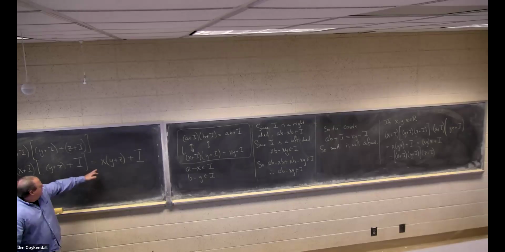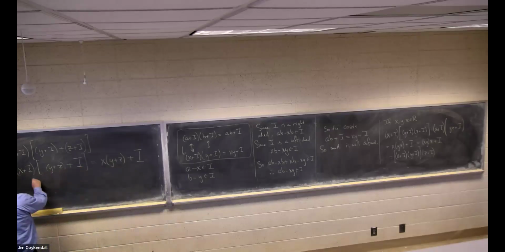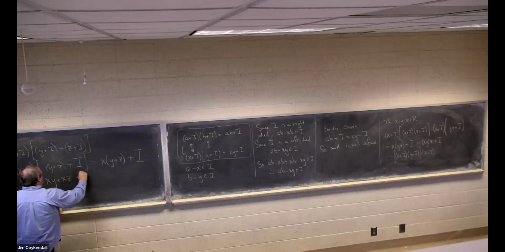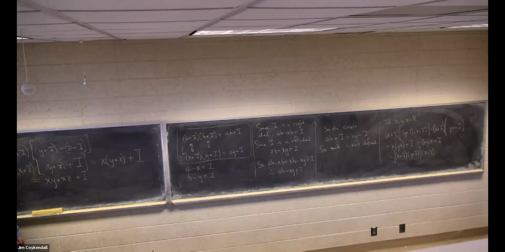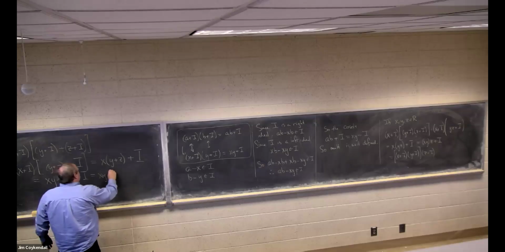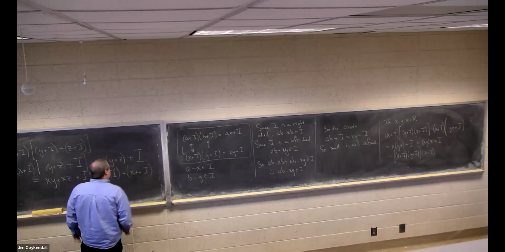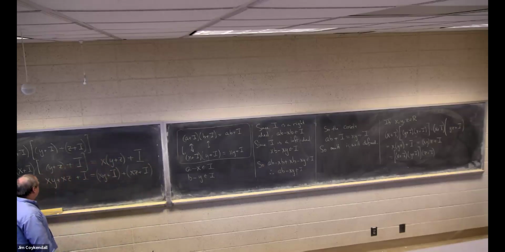I know I've got the distributivity property in the ring, so I can multiply this through. And this is xy plus I plus xz plus I. Almost there.